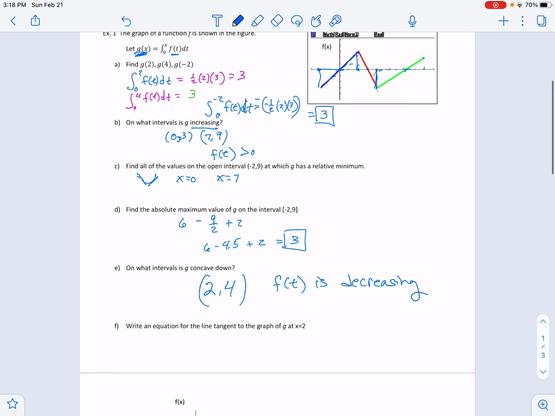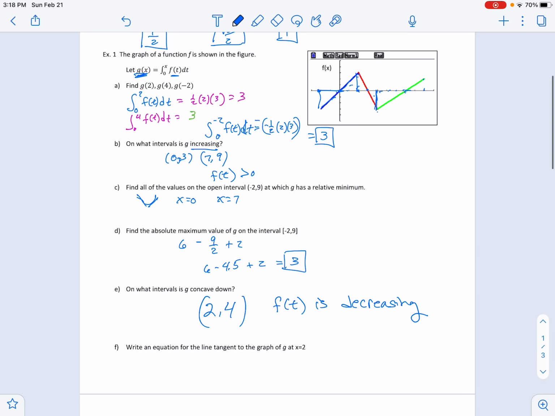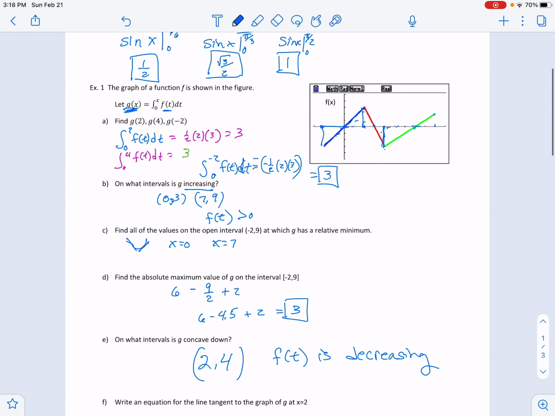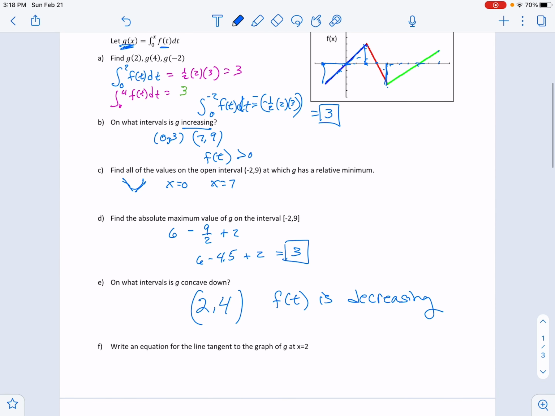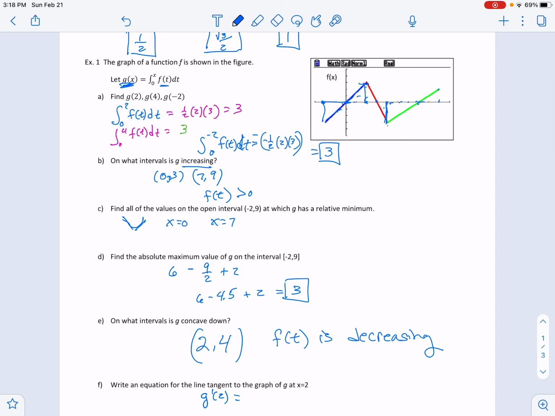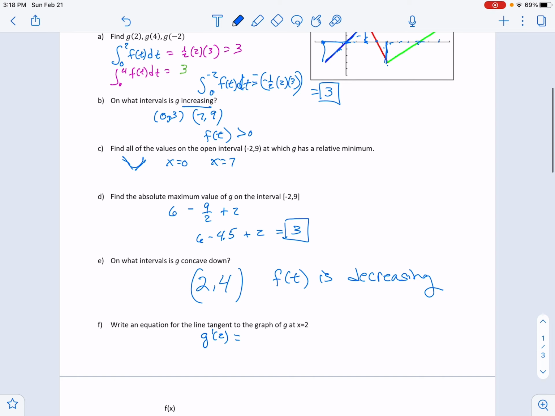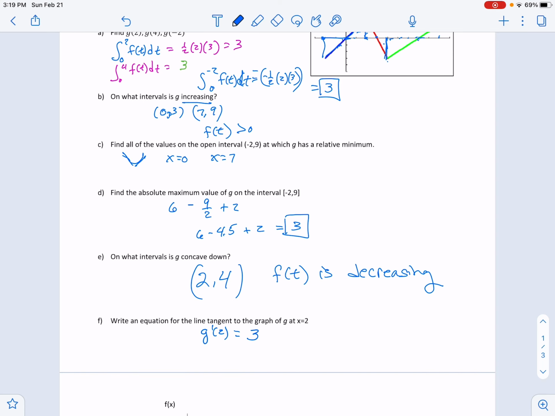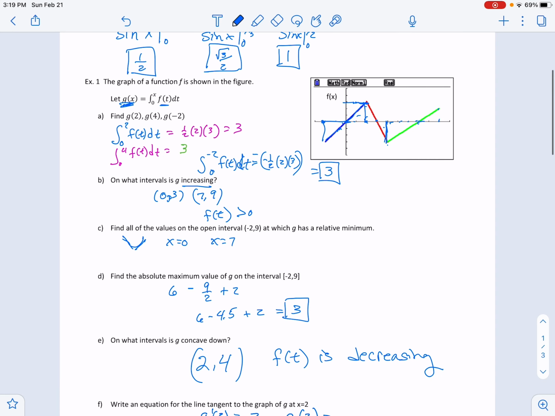Write an equation for the line tangent to the graph at x equals 2. Well, the slope, right, g prime at 2, you read right off the graph because this is the derivative, so that's 3. G of 2 is the area.